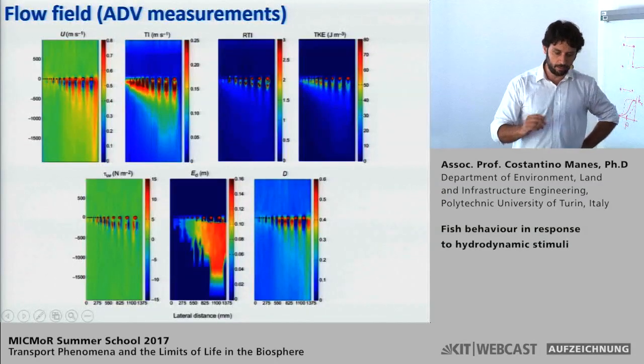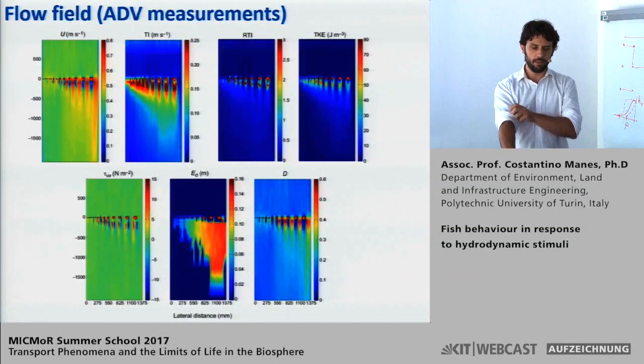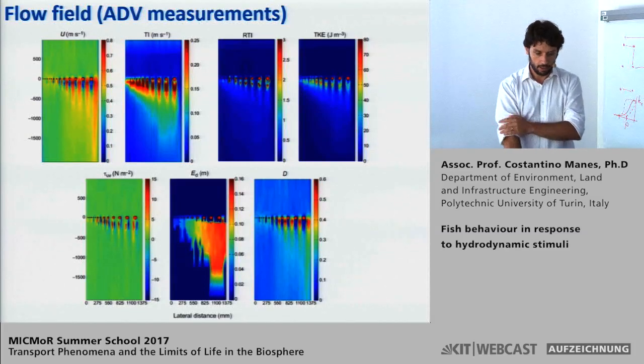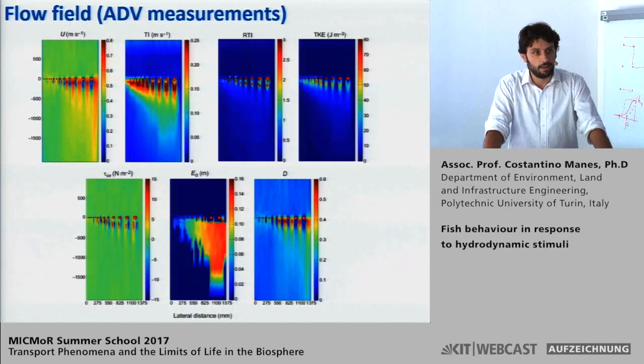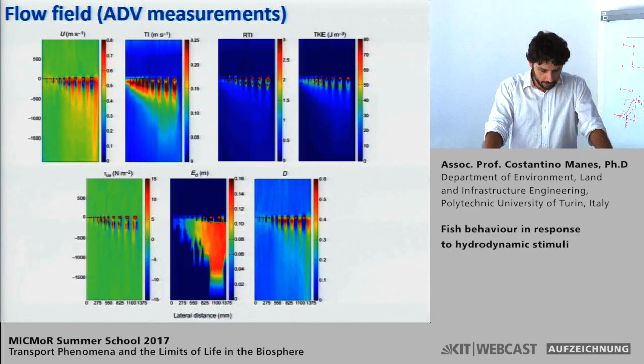We did careful measurements of the flow field with an ADV, which is not, let's say, particularly great for turbulence research, but it works fine for this type of studies.